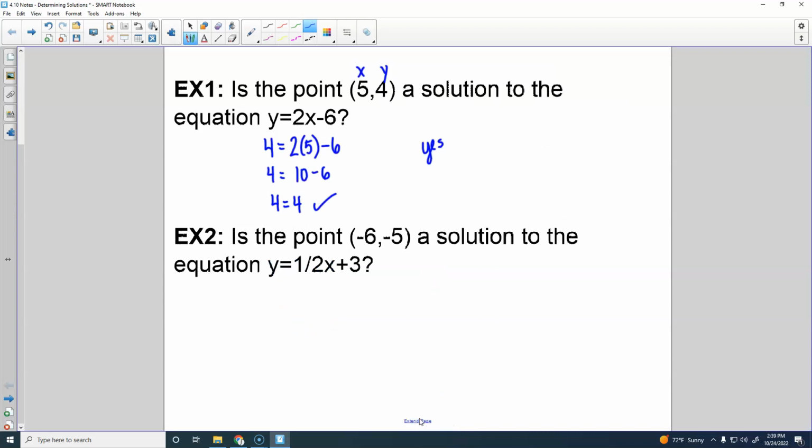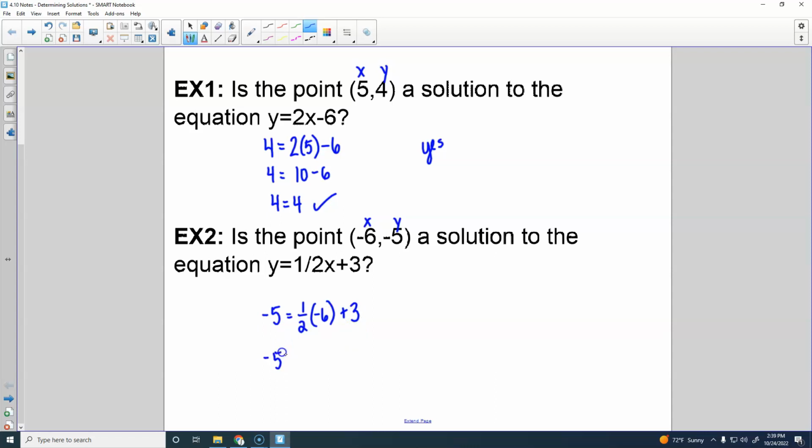Okay. So if we're checking number 2, we've got (-6, -5). So again, this is my x-coordinate, this is my y-coordinate. So where the y is at, I would put -5 equals 1/2 times x, which is -6, plus 3.